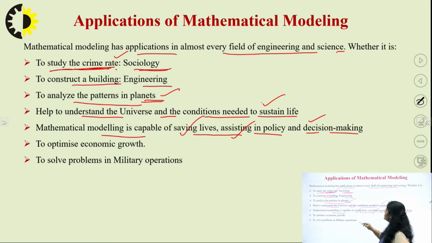And if we want to save lives, meaning we want to identify the factors which are harmful to us, then we have to analyze different types of data. So in all these applications we can use this. If we want to optimize economic growth, then also we can use mathematical modeling. If we want to solve problems in military operations, then we can use this. So these are some of the applications of mathematical modeling.